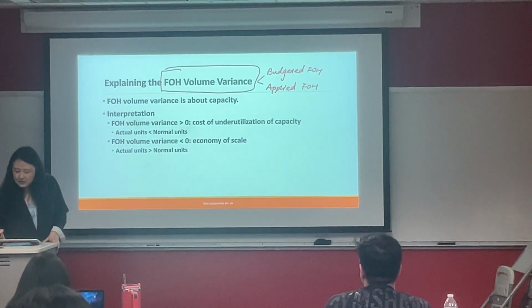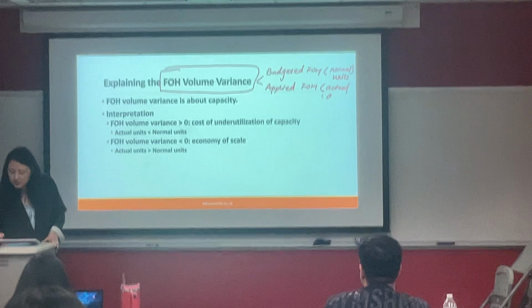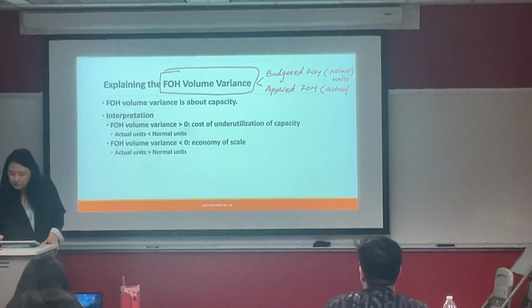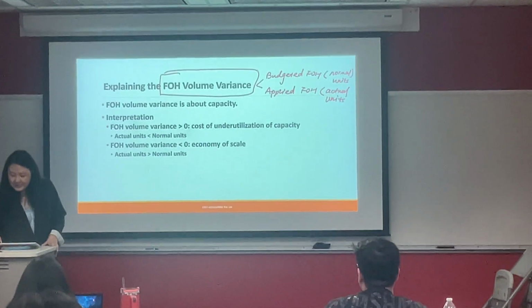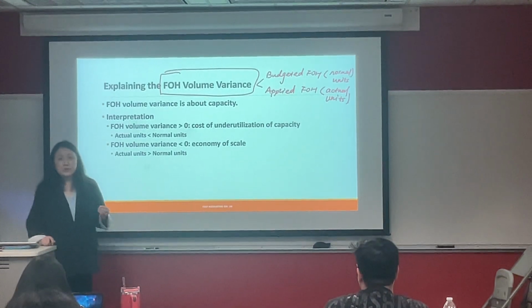The budgeted is based on the normal level of activity, and the applied is based on the actual, so this is normal units, this is actual units. As I said, the trick actually helps you understand the variances.